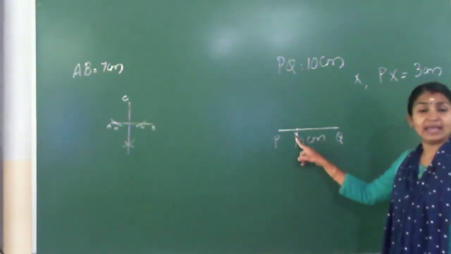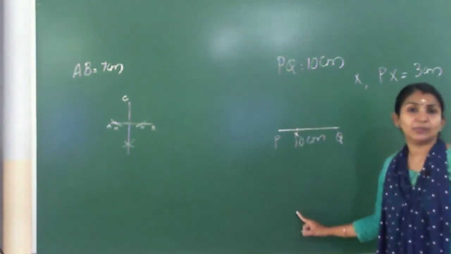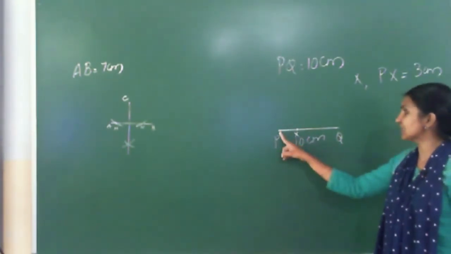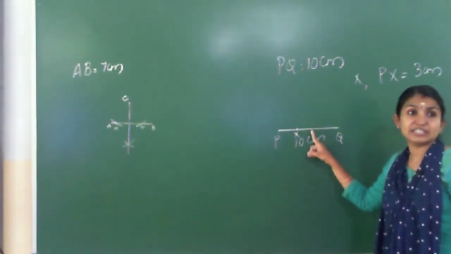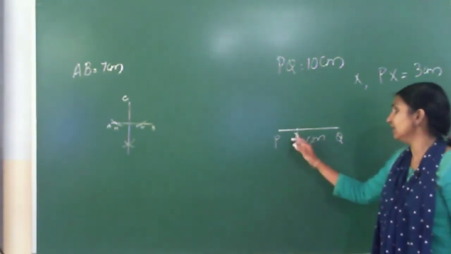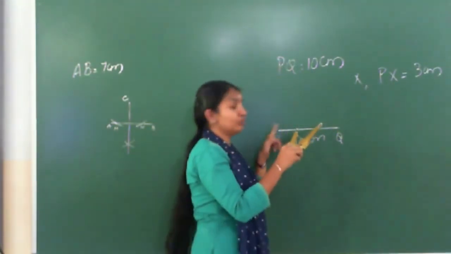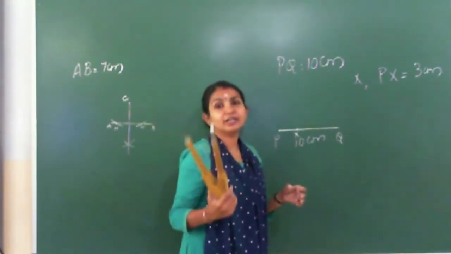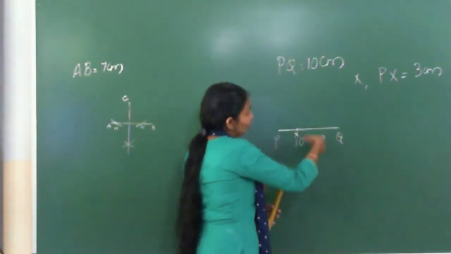Now, with X as the center, we have to draw a perpendicular line. When we are drawing it, it may not be a bisector. Bisector means it would be 5 centimeter away from P. So, now we are moving towards how we can draw a perpendicular line through this X. For that we keep our compass on X. Take any radius in our compass in such a way that it cuts this line segment with 2 arcs.